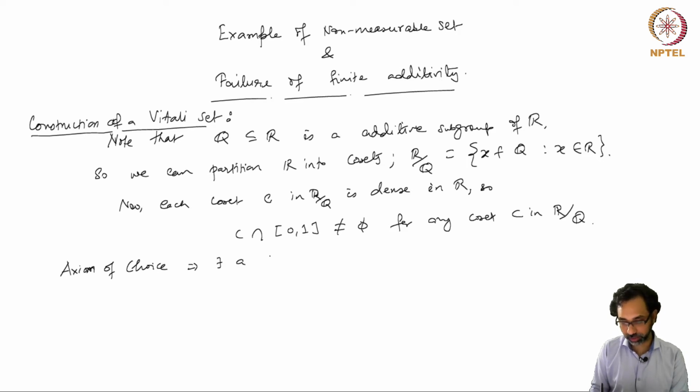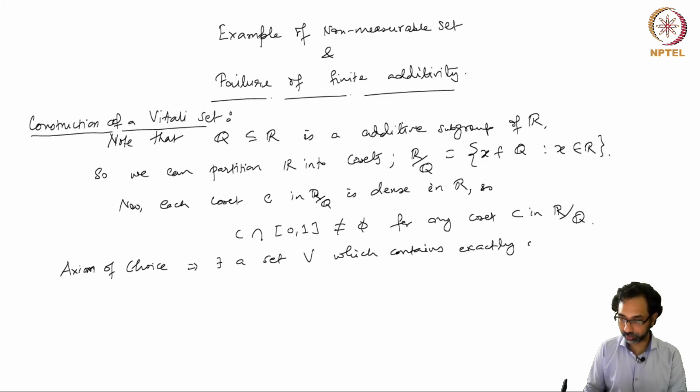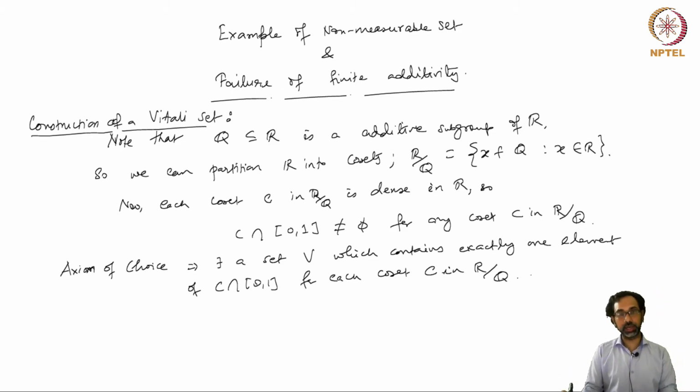implies that there exists a set, which I call V, which contains exactly one element of C intersection 0, 1 for each coset C in R mod Q. So we have constructed a set which for each coset C picks out a number in C intersection 0, 1, and this V is precisely made up of such elements, picking one from each coset C which lies in the interval 0, 1.